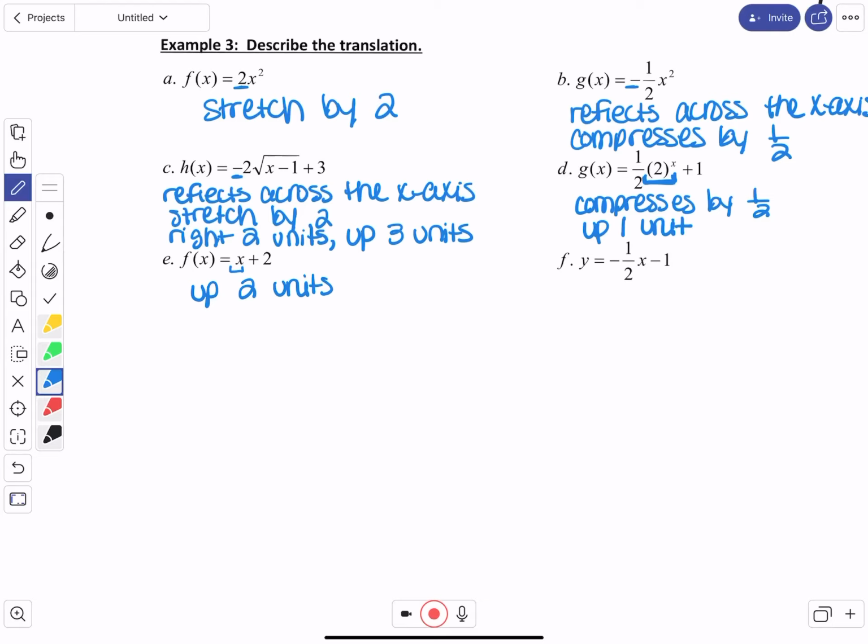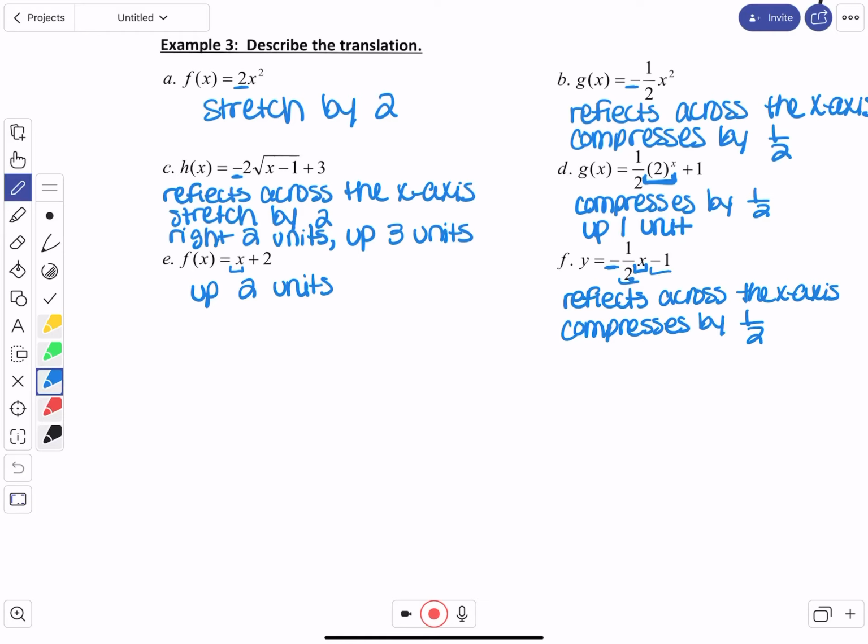Okay. Once again, here we go. There's just your x. So kind of like E, there's your parent function. So here's your negative that reflects across the x-axis. The 1/2 here, that compresses by 1/2.